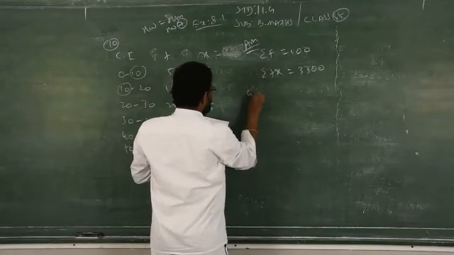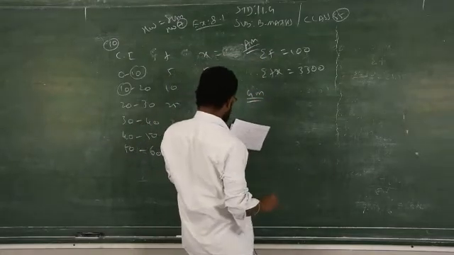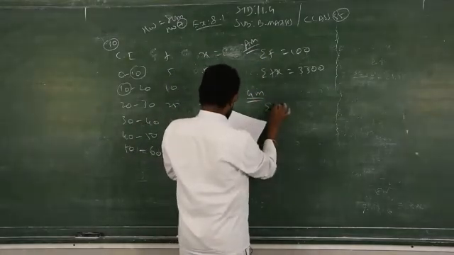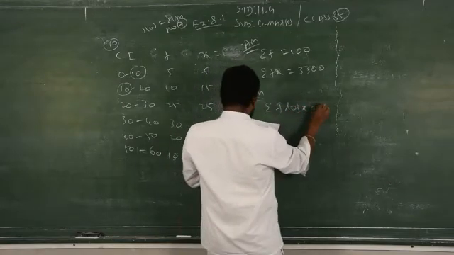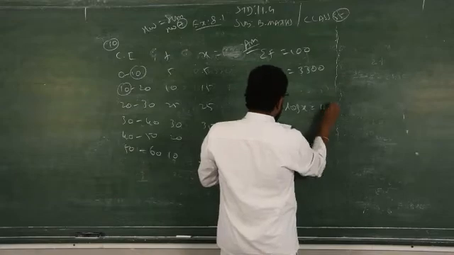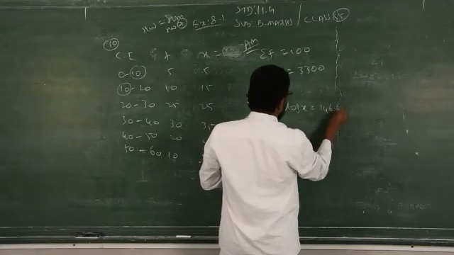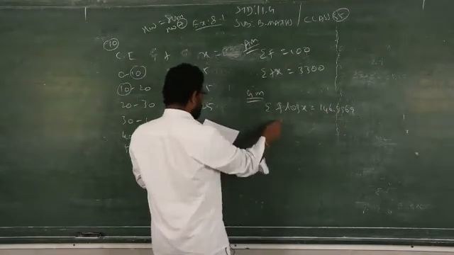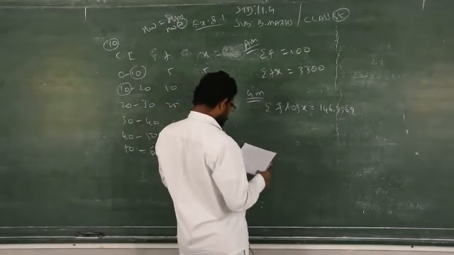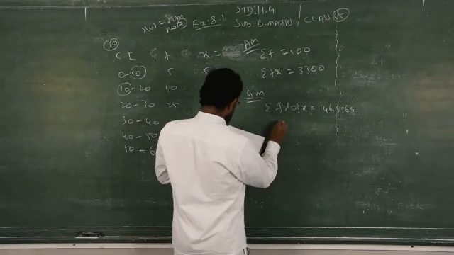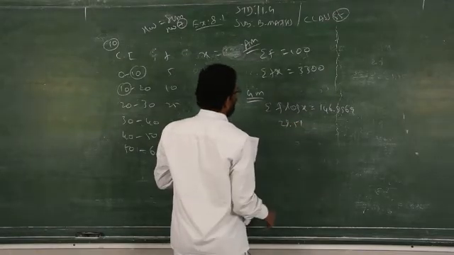Now for GM, I will write down the answer: summation f into log x is 146.9969. That is for summation f log x. Then the answer for GM is 29.51.